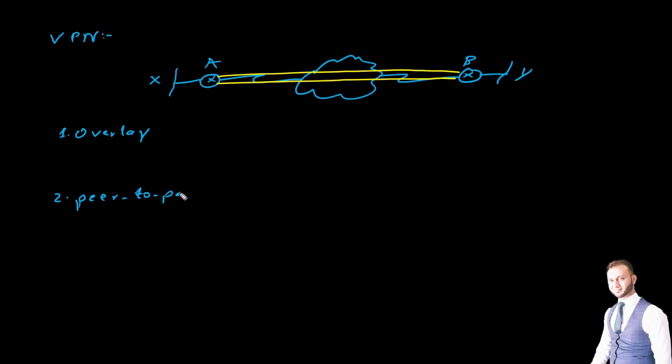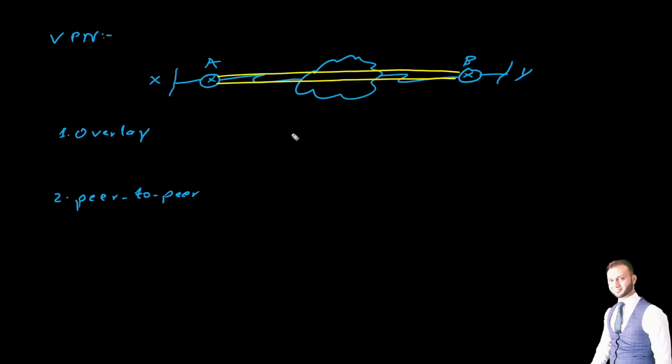The main difference between the Overlay VPN and peer-to-peer is that in Overlay VPN, the service provider, or the existing public or other network that you have, would not participate in the routing process of your traffic that is being sourced, let's say in this case from site A to site B. So it's an end-to-end connection. It's an end-to-end circuit, you can call it.